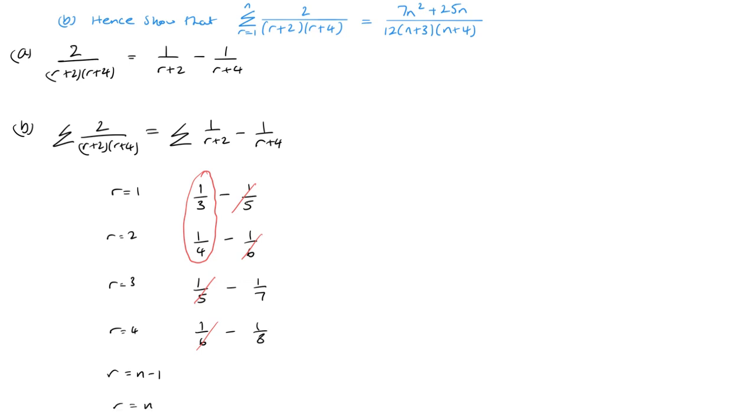So those are the final 2. So n minus 1 plus 2 will be n plus 1, minus n minus 1 plus 4 is n plus 3. And then we've got 1 over n plus 2 minus 1 over n plus 4.